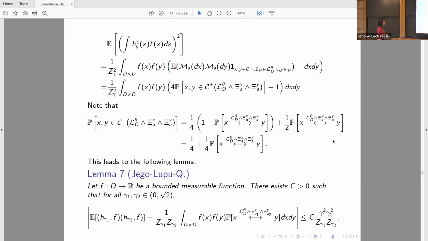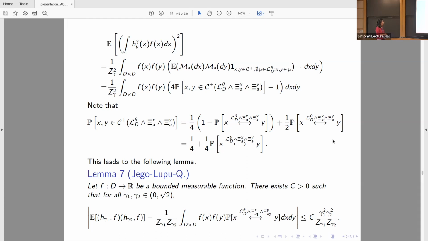And then we will just compute this integral restricted to the event that there is no loop that visits both x and y in the loop soup, so that we can apply this formula where we add some thickness to the points x and y.